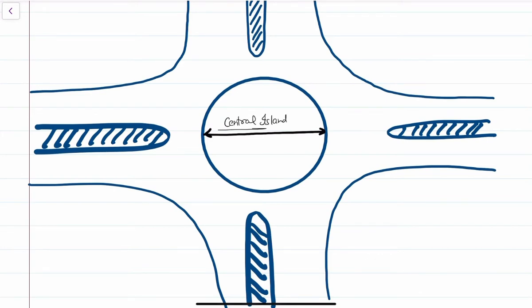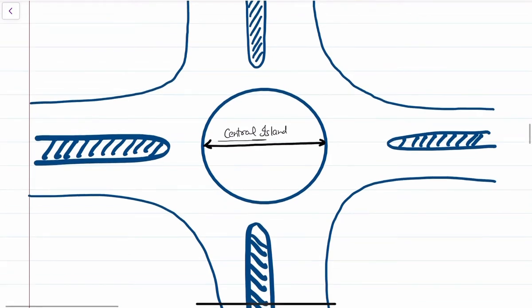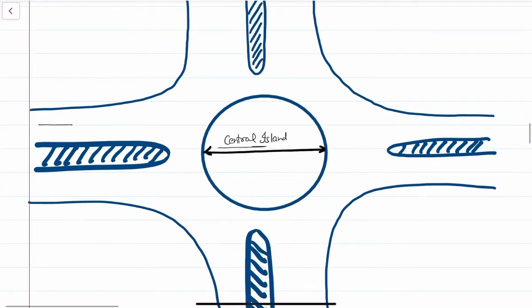And this whole diameter is called the central inscribed diameter. If a vehicle is approaching through this direction, there is a certain width available for this vehicle.